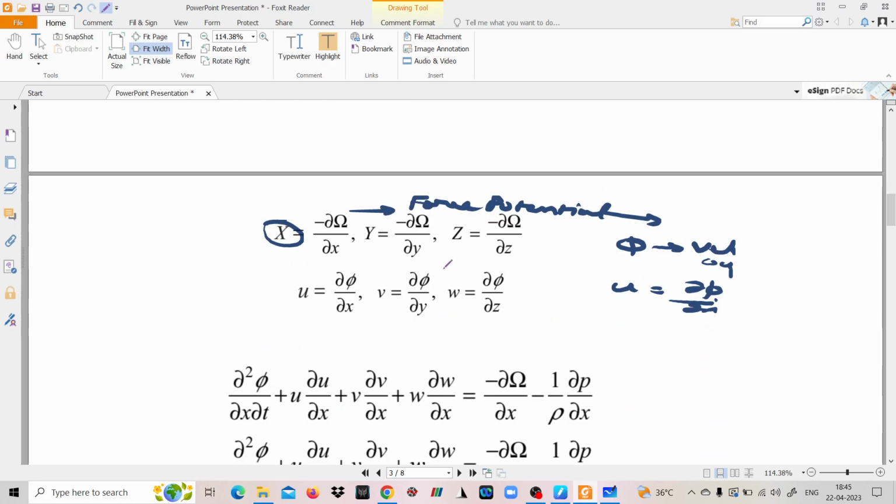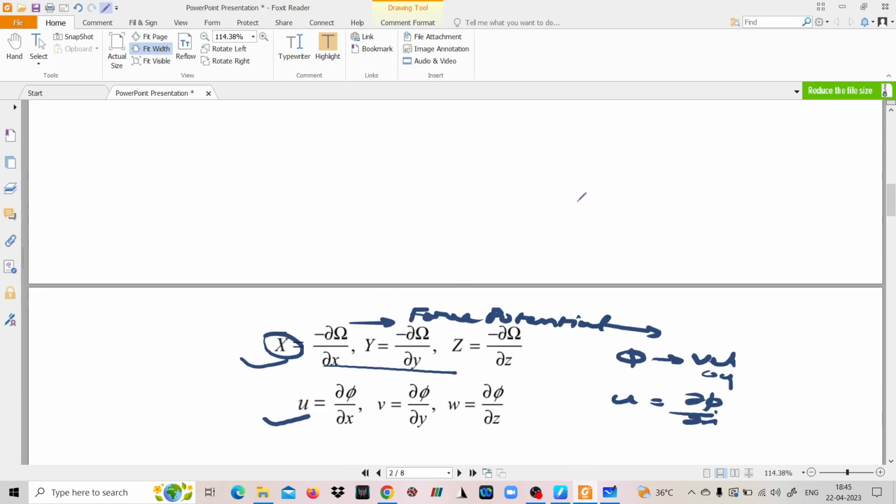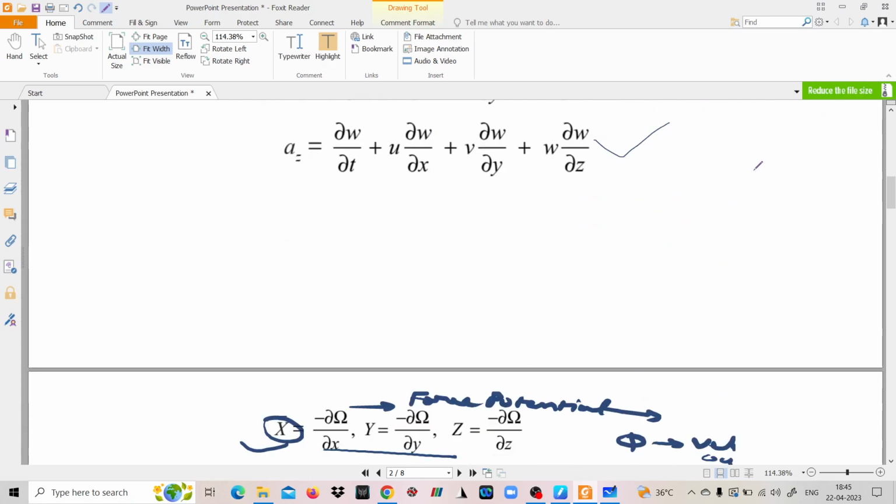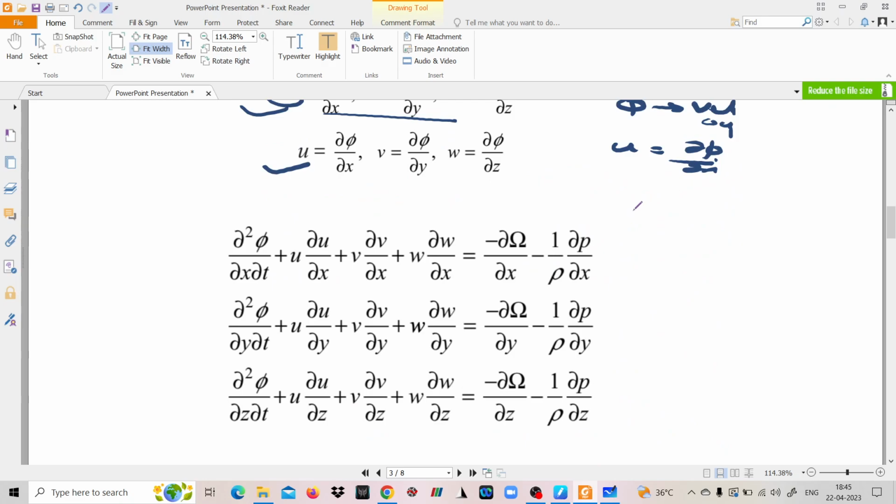Now if we use these expressions of u in terms of velocity potential and the body forces in terms of the force potentials in the force balance equation, you will end up with something like this.